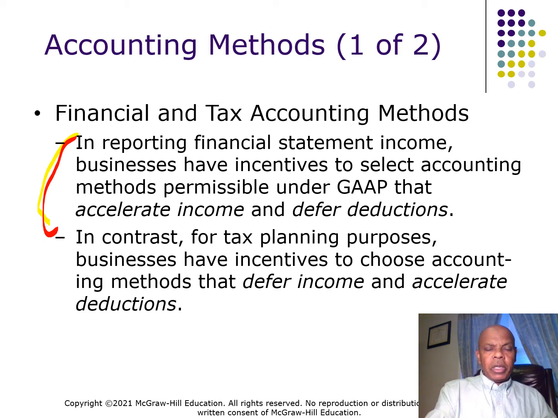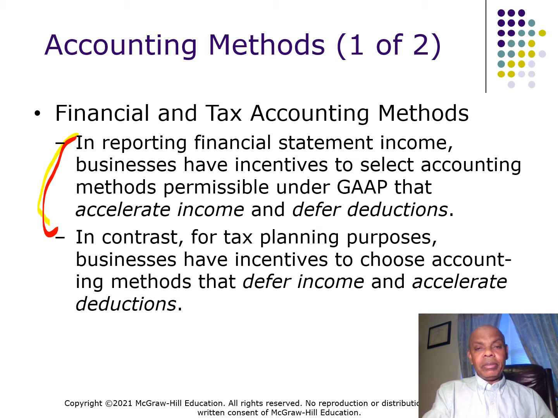Suppose there's an order coming up, millions of dollars of product they're trying to sell. They will invoice it at the end of December and treat it as a sale for that period, thereby increasing income.